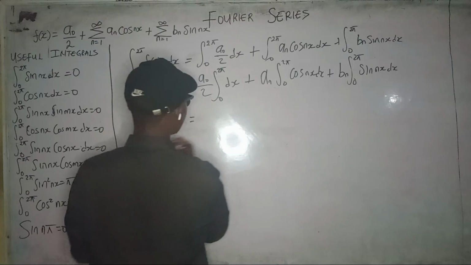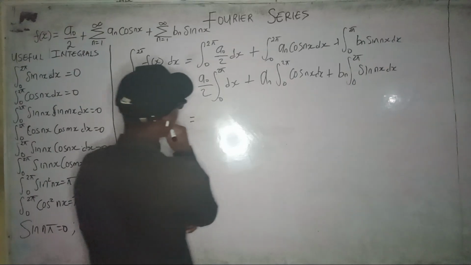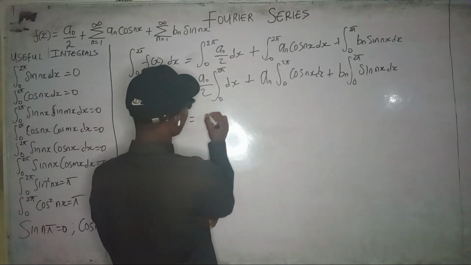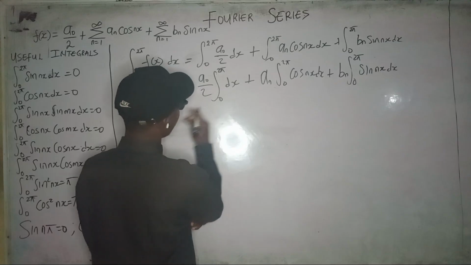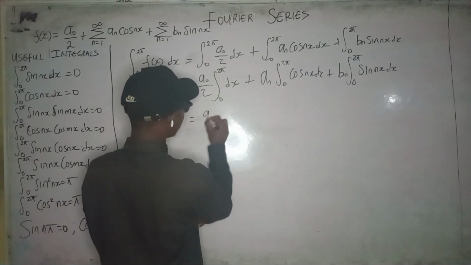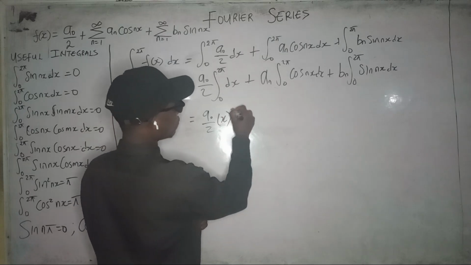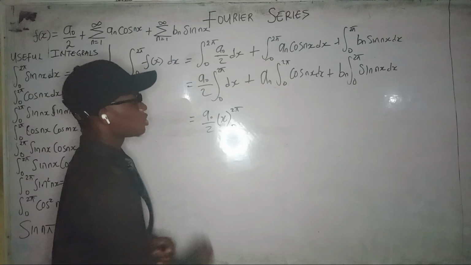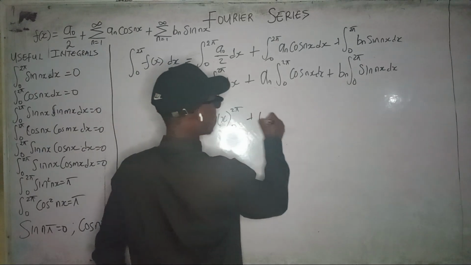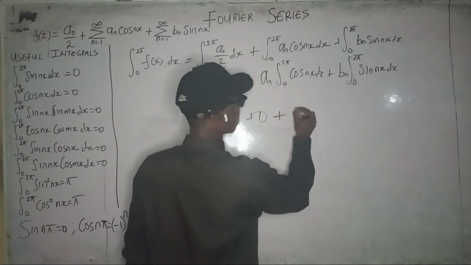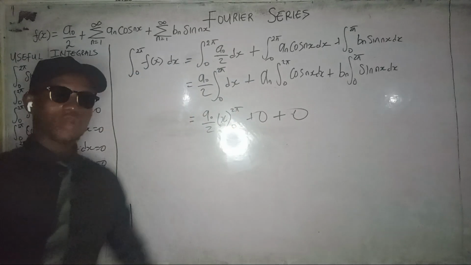So now for this, we are going to be having a naught over 2. Integration here is going to give us x, and we have it from 2 pi to 0. Now this is equal to 0, this here is equal to 0, those two are equal to 0.